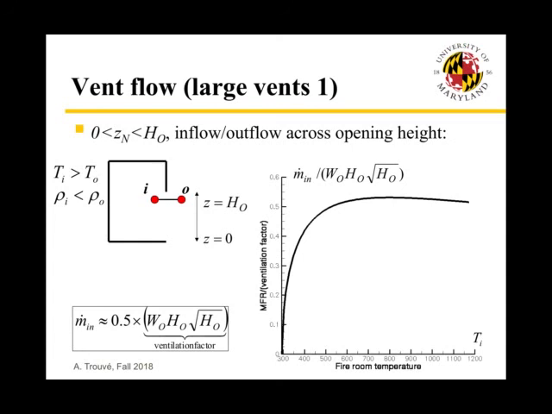And we see that provided that the temperature of the smoke is above, let's say, 600 K, the m dot in is indeed close to the usual expression 0.5 times the ventilation factor.